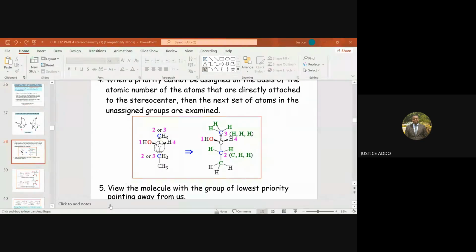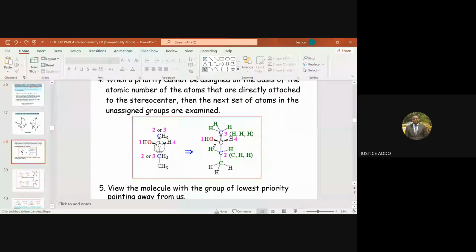All right, I'm back. I'll just explain it. The two carbons labeled with blue, you could see that they have the same molecular weight, so you cannot take a decision as to which one should be of a higher priority. If that happens, then you move to the other group. This carbon here has 3 hydrogens, and this carbon here has 2 hydrogens and it's bonded to a carbon, so it makes the down one here heavier than the top.